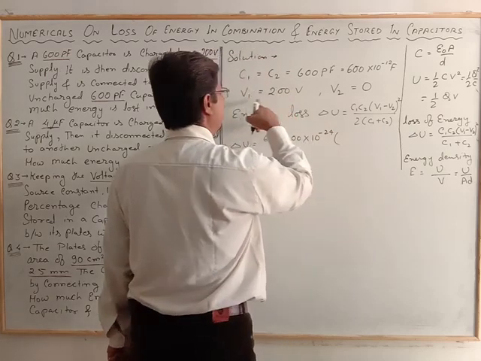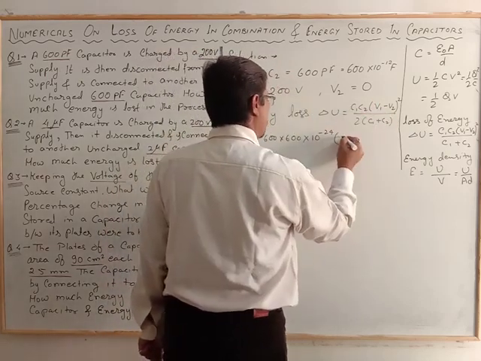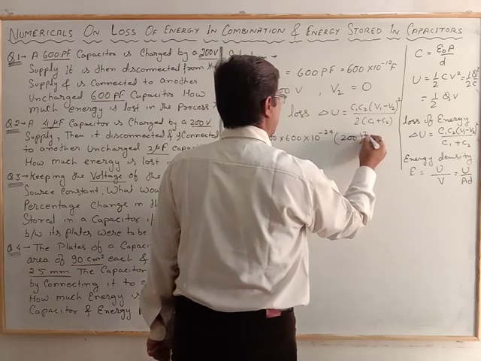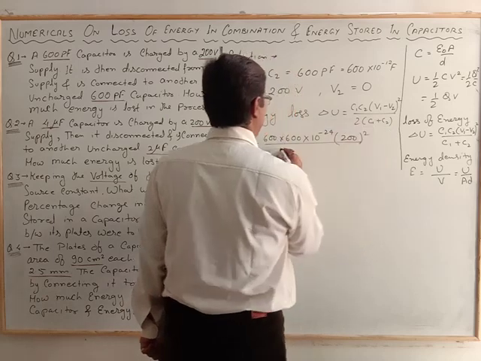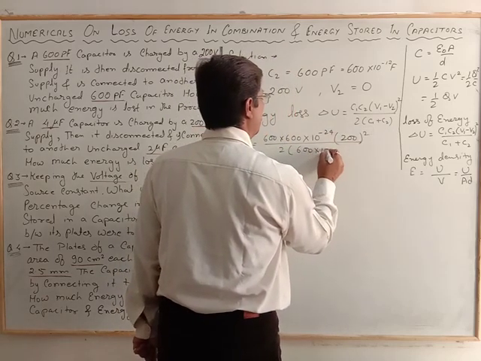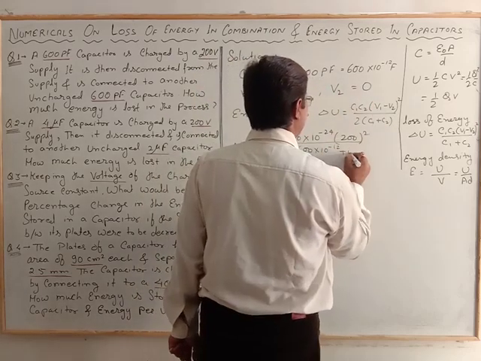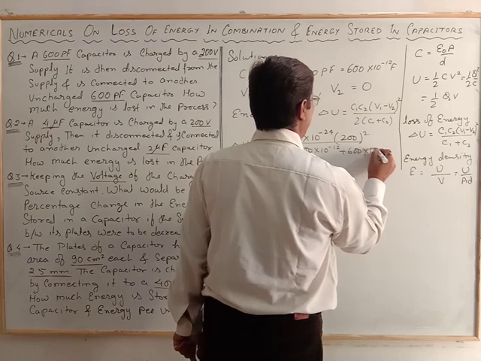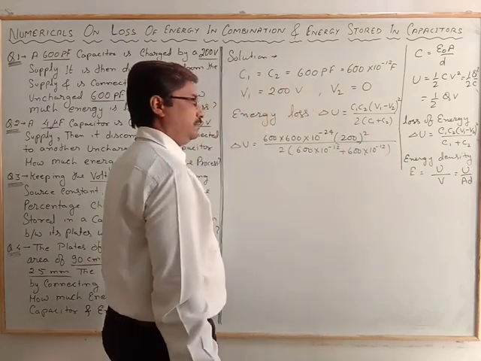The first potential is 200 volt and for the second it is 0, so it is only 200 whole squared, divided by 2 into (600 into 10 to the power minus 12 plus 600 into 10 to the power minus 12). This much is the relation.